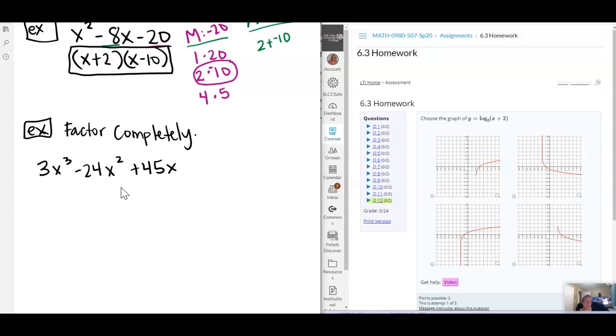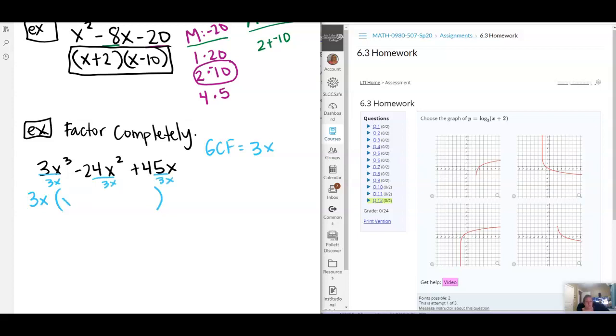All right, so first thing you're going to want to do is look to see if there's a GCF. All right, what would my GCF be? So 3x, right? So let's put that on the outside. And then if you divide each part by 3x, right, let's see what we have left.